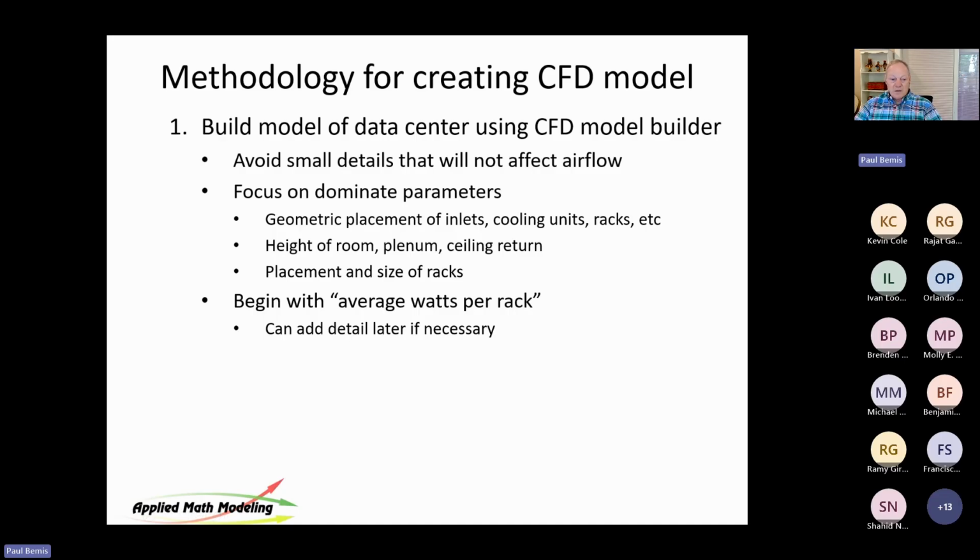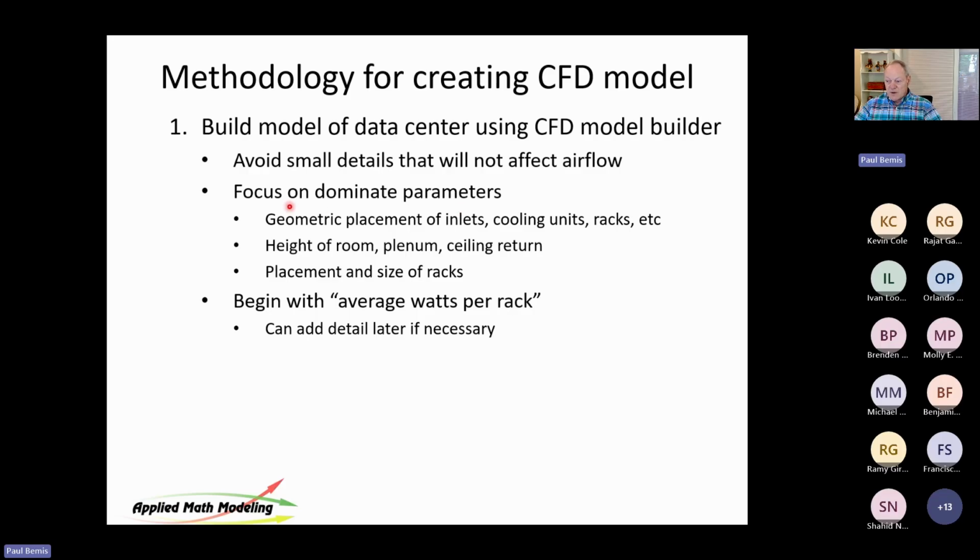So when you create a model for CFD, I'm just going to remind you to avoid the small details. They're not going to be that important. And what I mean by small details is that oftentimes I have users who want to treat the system as a CAD system and include every little thing in case, every little piece of geometry in case it makes a difference. But what is true is the dominant parameters take over.